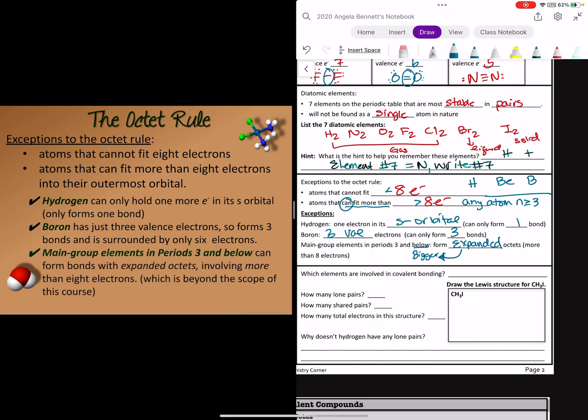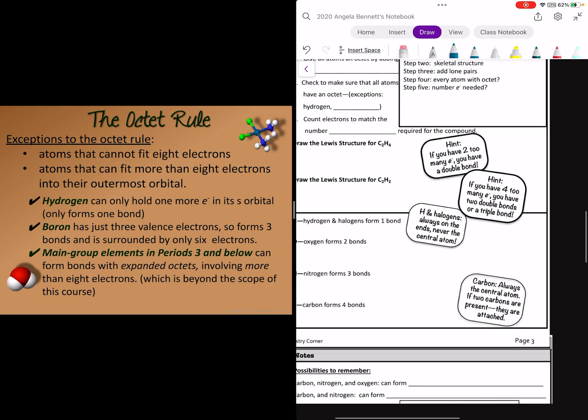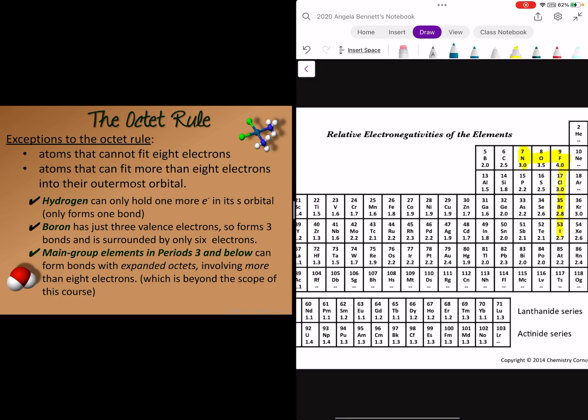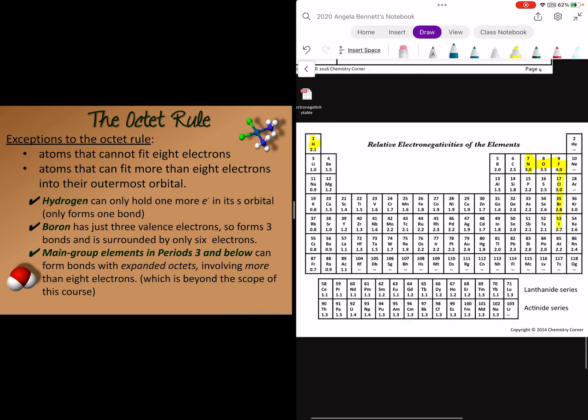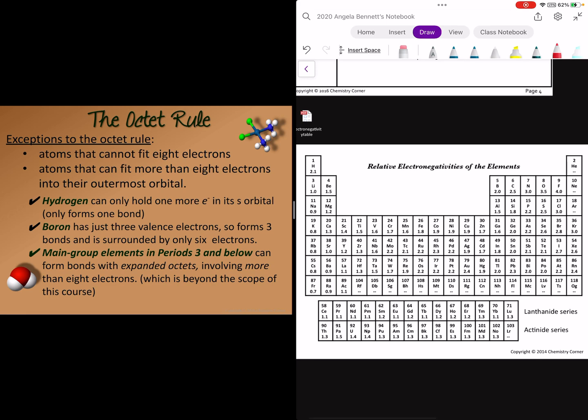Okay, so let's go down to our periodic table for just a second. All right, so to help you remember that rule, let me get rid of this right here. So this is the easiest way I can think of it. Go to group 1, the top element is hydrogen. All right, he wants 2 electrons, which equals 1 bond.